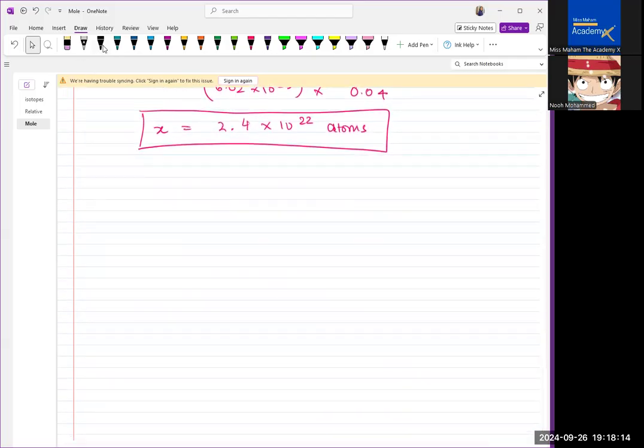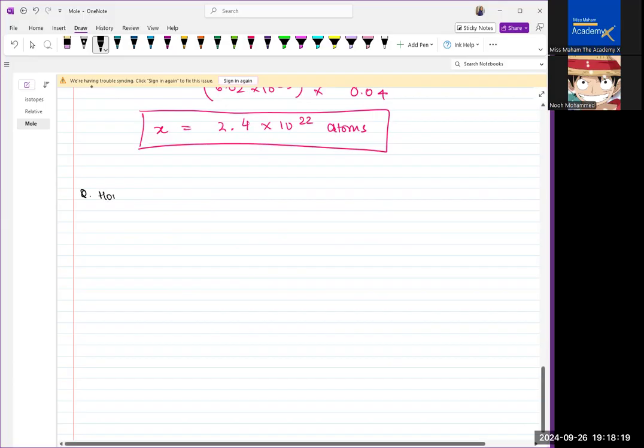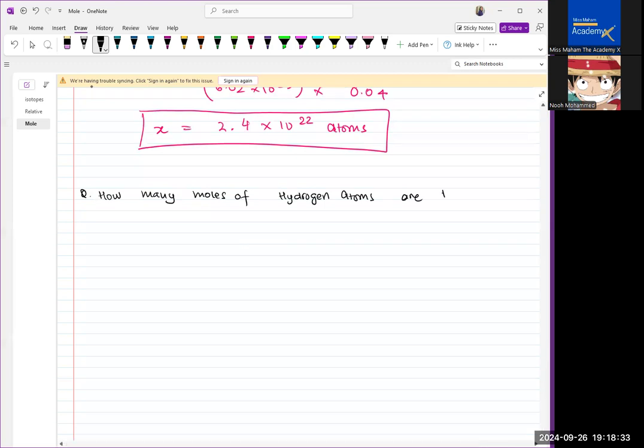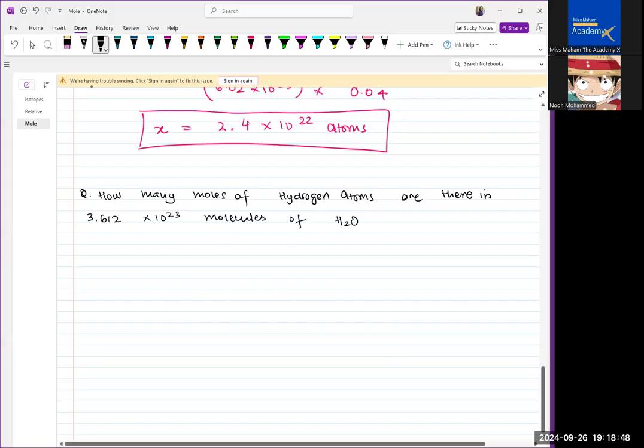Now this next question you will do on your own. And the question is, how many moles of hydrogen atoms are there in 3.612 into 10 to the power 23 molecules of H2O2?